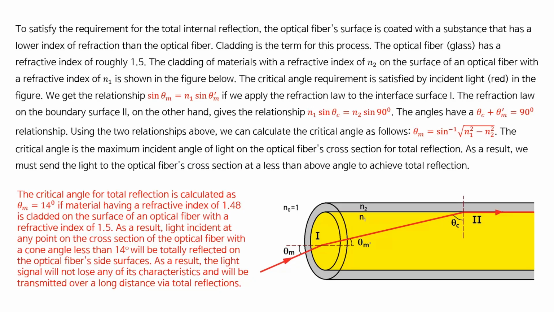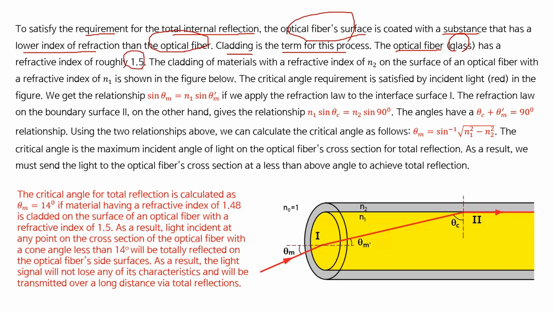To satisfy the requirement for total internal reflection, the optical fiber surface is coated with a substance that has a lower index of refraction than the optical fiber. Cladding is the term for this process. The optical fiber glass has a refractive index of roughly 1.5.